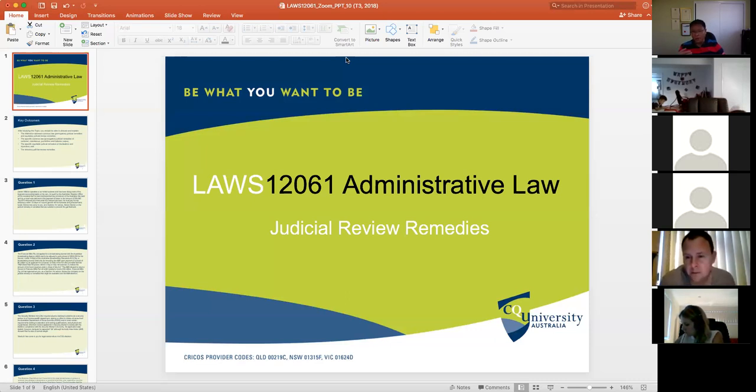But we know when we look at judicial review remedies that there are other possible writs. So it could be, you might need the issuance of a writ of certiorari. You might need the issuance of a writ of habeas corpus. And there are other possible judicial review remedies that might be needed, including, for example, the writ of declaration.